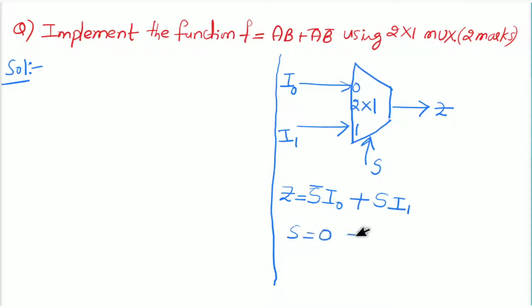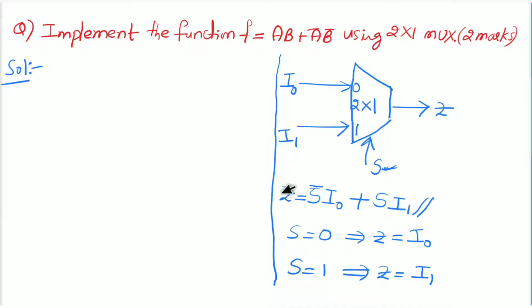So S equal to 0, you will be getting I0 at Z. S equal to 1, Z equal to I1. So based on this S value, you are selecting any one of the inputs, and this expression is the output of the corresponding 2:1 multiplexer.